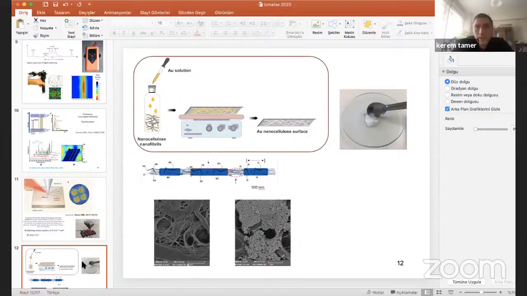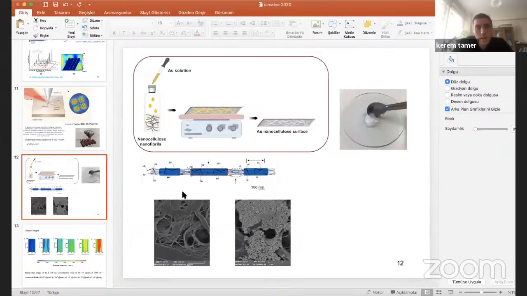For instance, here, we are using nanocellulose fiber, okay? We just cast it on some glass surface, and then we made a surface like this. You can see some SEM images here, as you see.